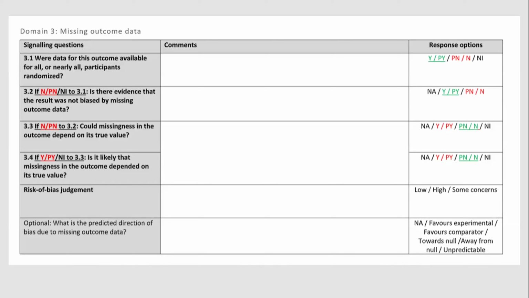Similarly, 3.3: if no or partially no to 3.2, could missingness in the outcome depend on its true value? Then 3.4: if yes, partially yes, or no information to 3.3, is it likely that missingness in the outcome depended on its true value? For all these items, if you are not clear or could not understand, you can refer to the Cochrane handbook.